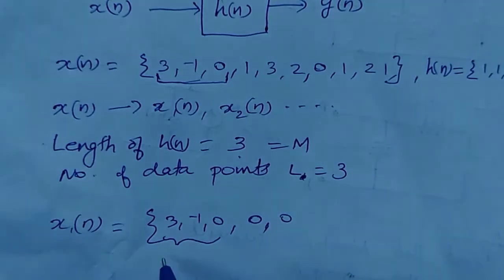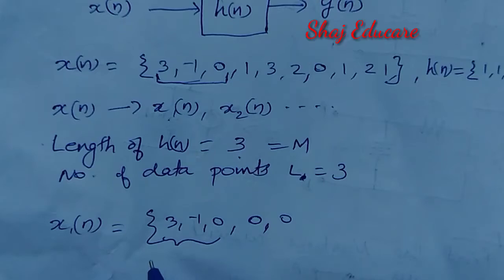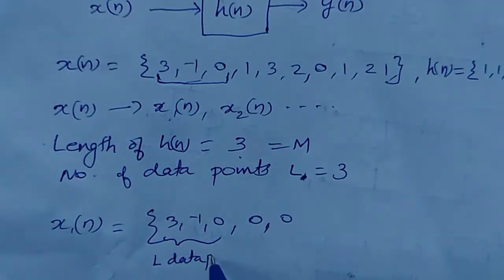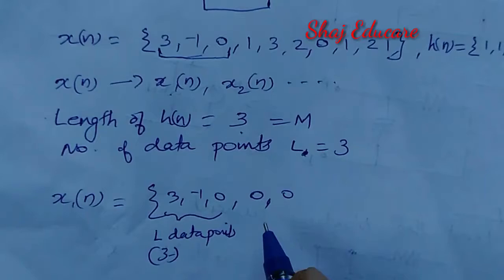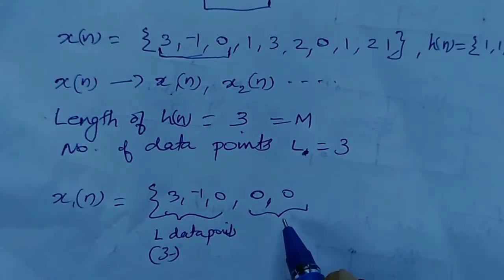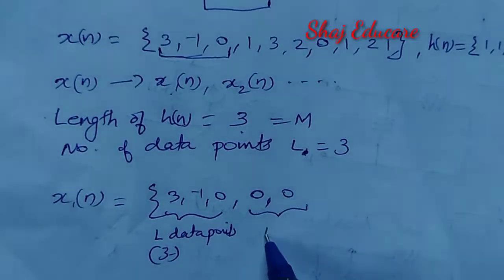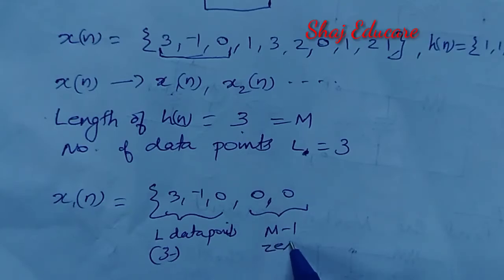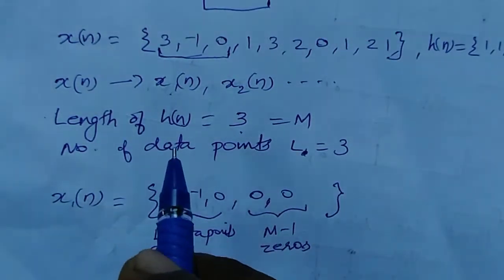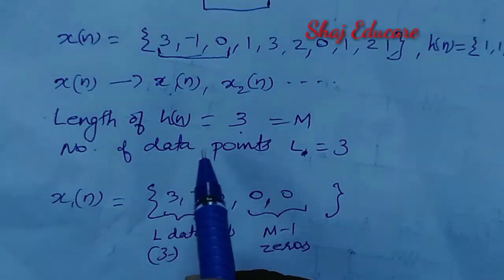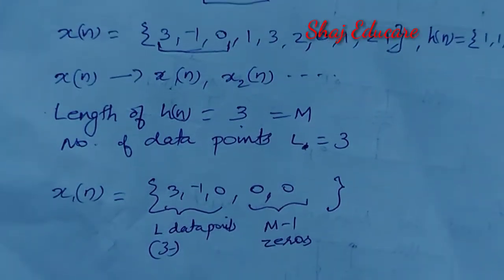These are the L data points, 3 data points, and these are the M minus 1 zeros. That is the discrete data block x1 of n.